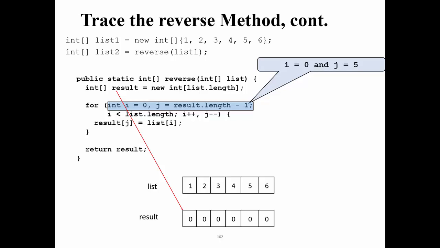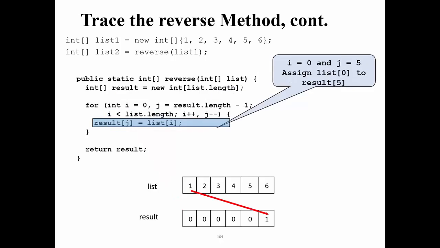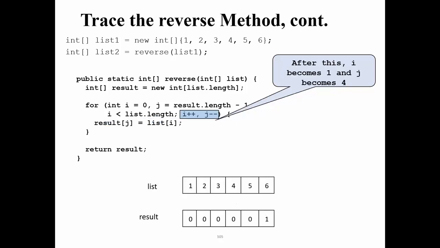i is equal to 0, j is equal to 5. j is responsible for storing into the result, and i is responsible for taking the value from the list, which is the input argument. If i is less than the list length, that's true, and we assign the first element to the last one, because we assign it to j. j is initialized to the length minus 1.